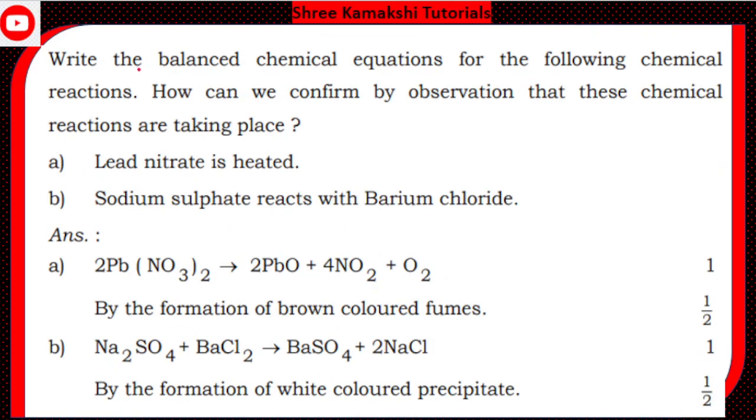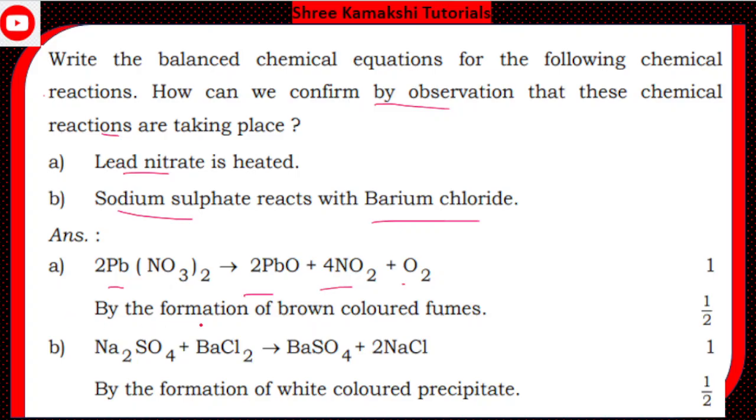The next question is, write the balanced chemical equations for the following chemical reactions. How can we confirm by observation that these chemical reactions are taking place? The first one is, lead nitrate is heated, and the second is sodium sulfate reacts with barium chloride. The first one is 2Pb(NO3)2 gives 2PbO plus 4NO2 plus O2.